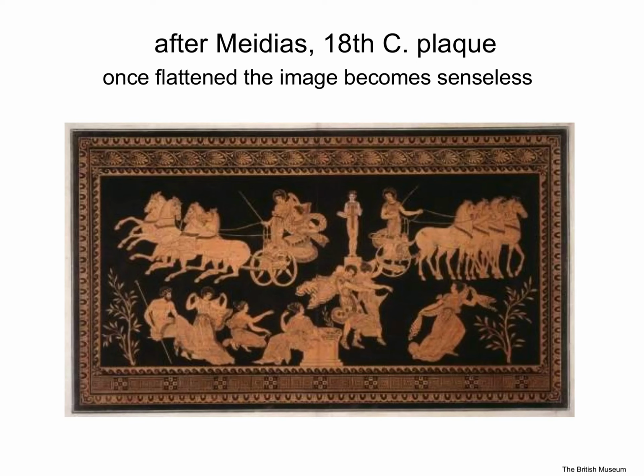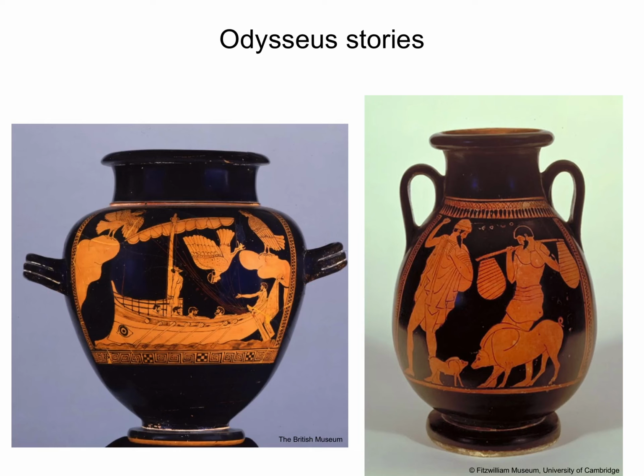And there is such an image that has been created in the 18th century in England, and you can see that again to stress my theory that the image was so much more efficient on the object than it is as a two-dimensional painting reference composition on a flat surface.